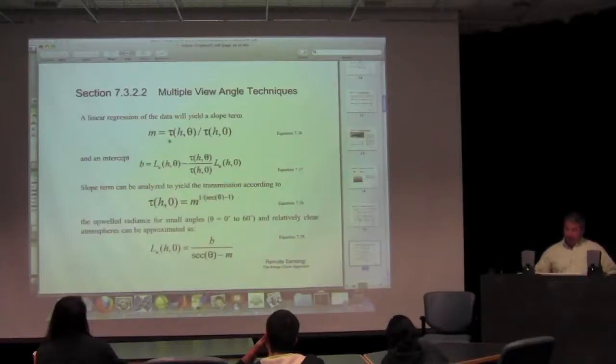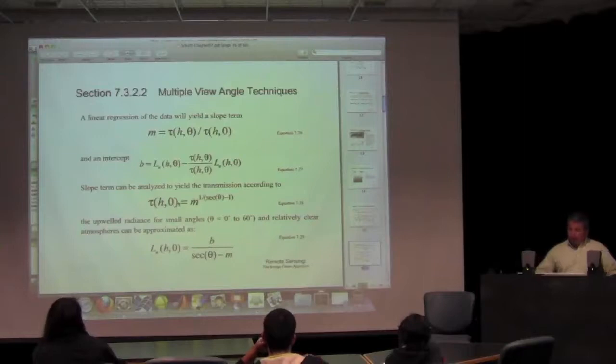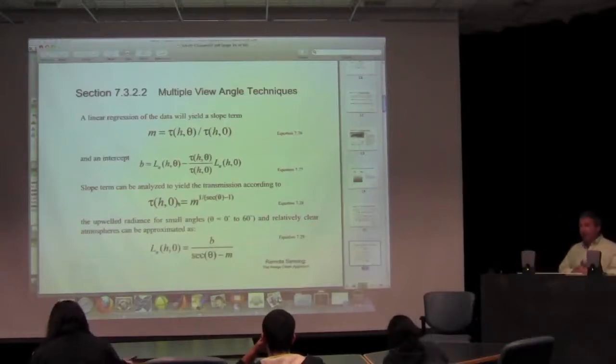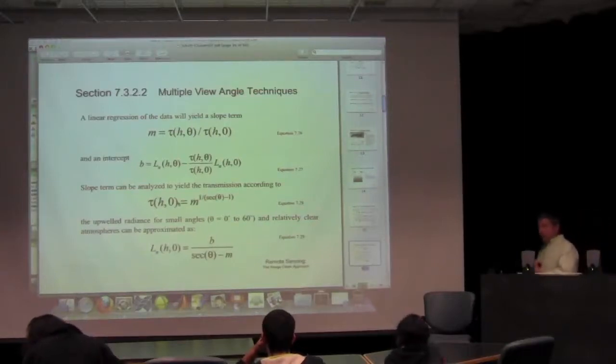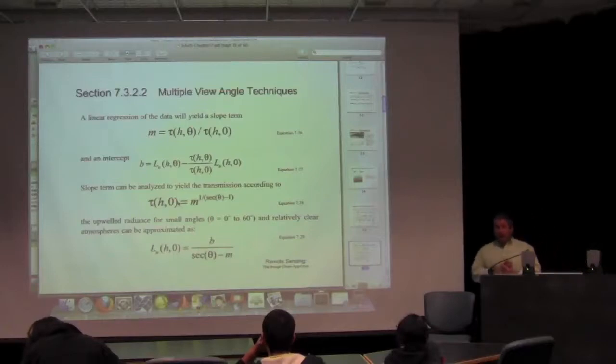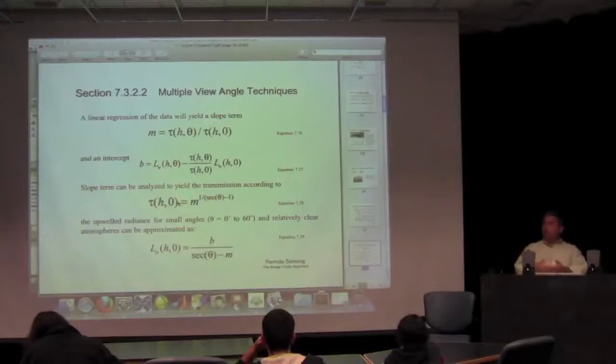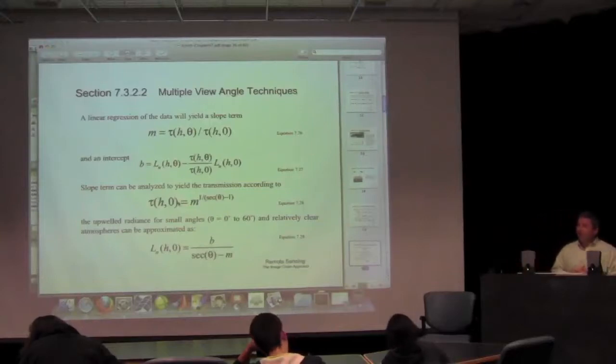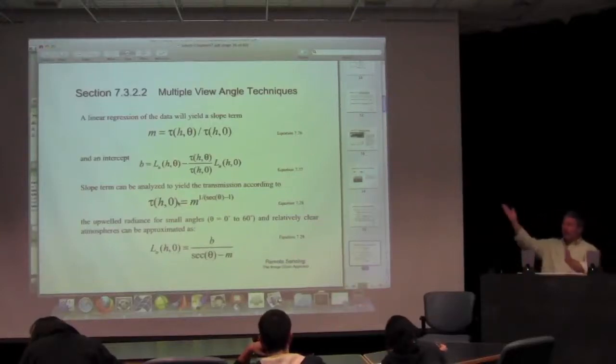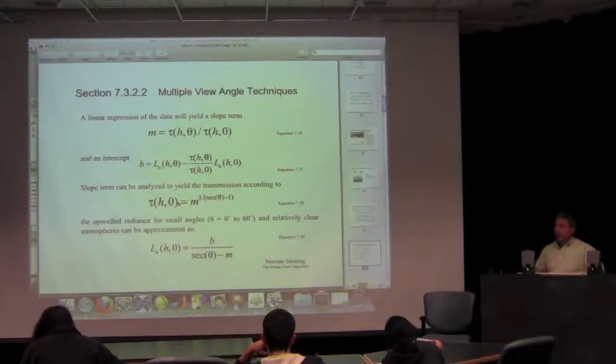All right, now there's your slope and your intercept, and what we'd like to do is be able to come up with our transmission and our path radiance in the vertical viewing direction, right? Because in the end, we want to look straight down at the scene, right? So if I look straight down and I look at an angle, I want to be able to come up with the tau and LU term in the nadir looking direction.